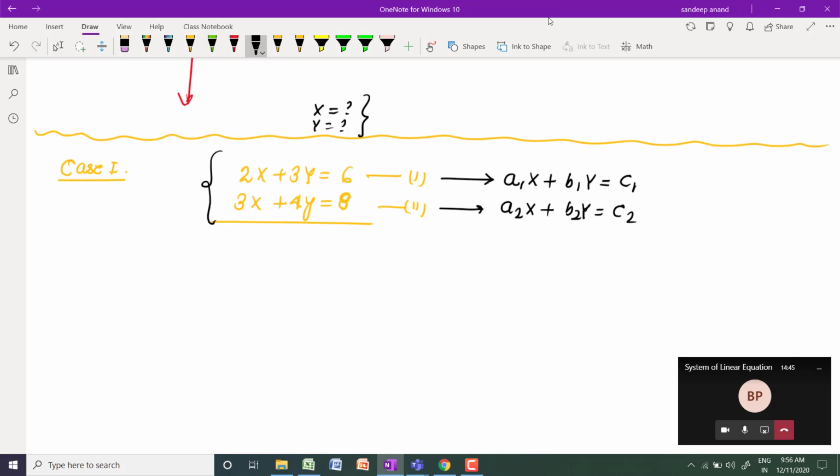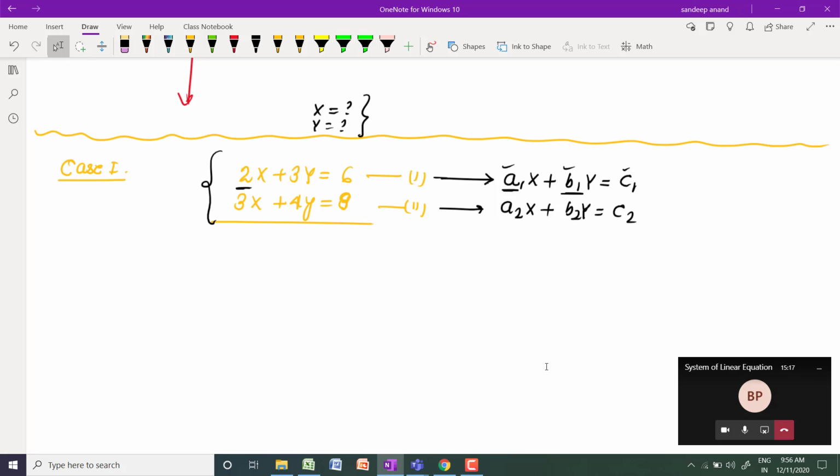Now compare the first equation with a1x plus b1y equal to c1. You will get the coefficient a1 is 2.